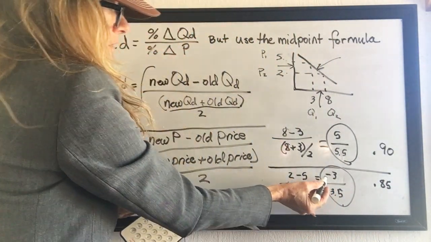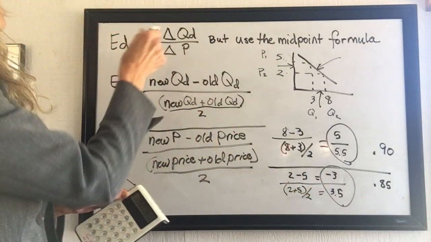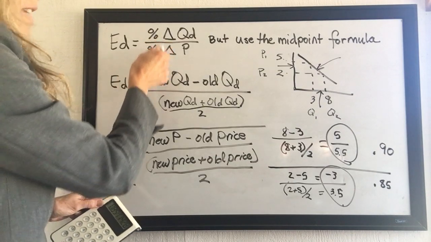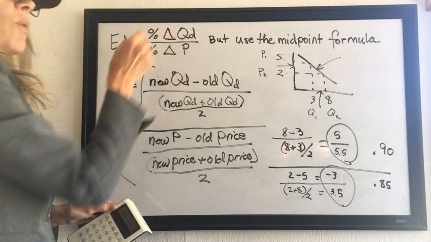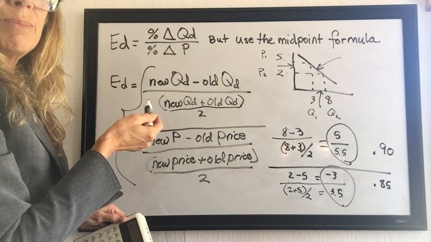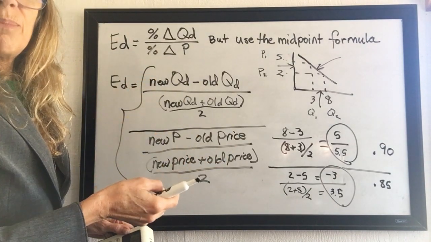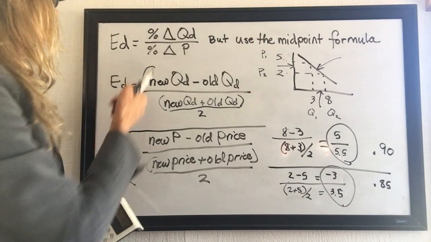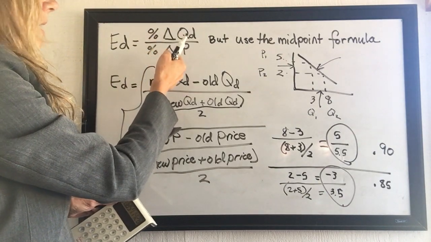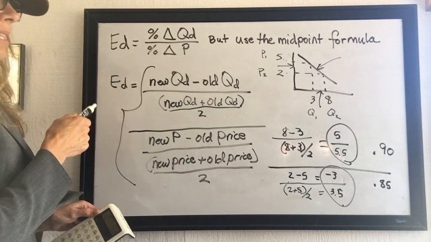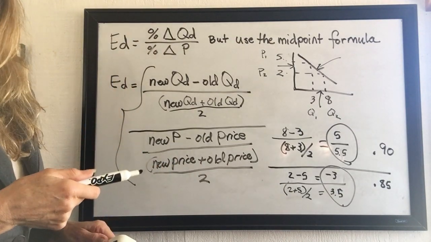Notice we have a negative here. When you're calculating price elasticity of demand, you will always have a negative either on the top or the bottom. That's because the law of demand says you've got to lower the price to get people to buy more. It's that inverse relationship between price and quantity. So there's always going to be a negative, but when we calculate price elasticity of demand, we ignore the negative.